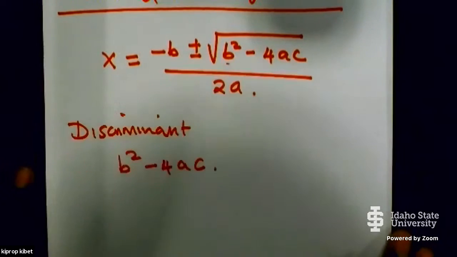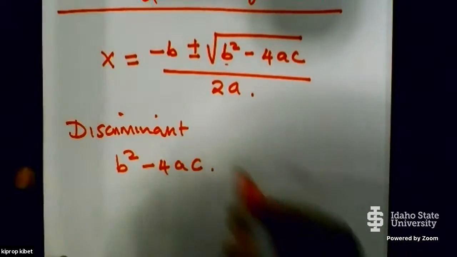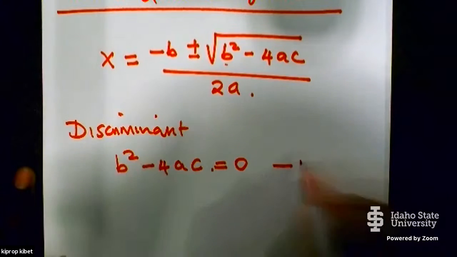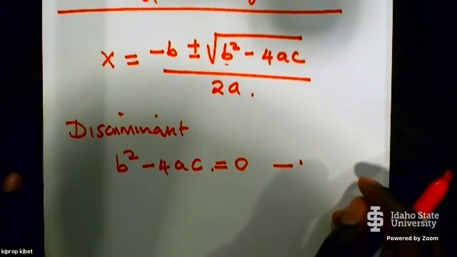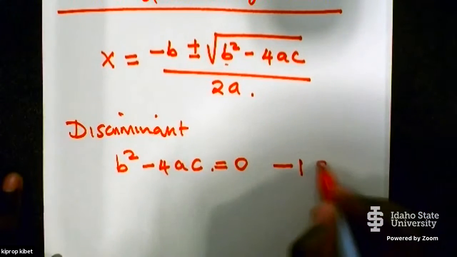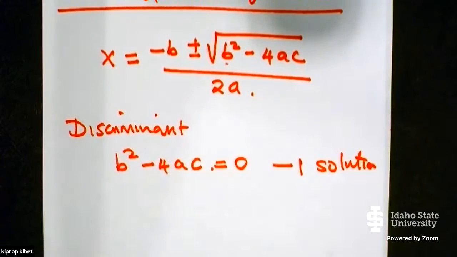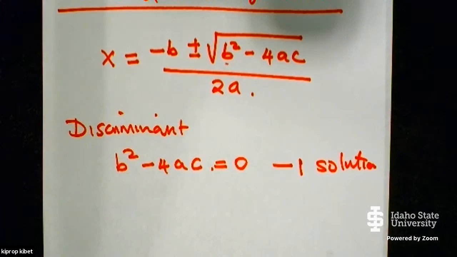If the discriminant is equal to 0, then we only have one solution.